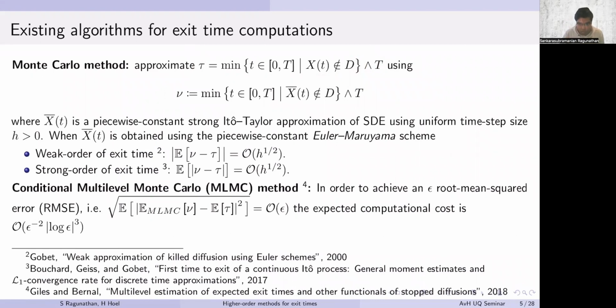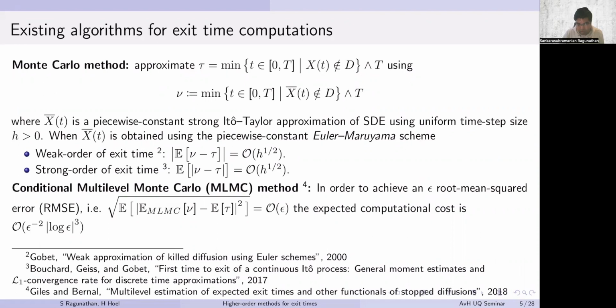So that is an approximation that we make. And it has been shown in literature that when using piecewise constant Euler-Maruyama scheme, the order of the exit time is of order h to the 1/2, basically, where h is the time step parameter. So if you were to use uniform time step sizes, you would get a weak order of h to the 1/2 and a strong order of h to the 1/2 as well. So there is no improvement.